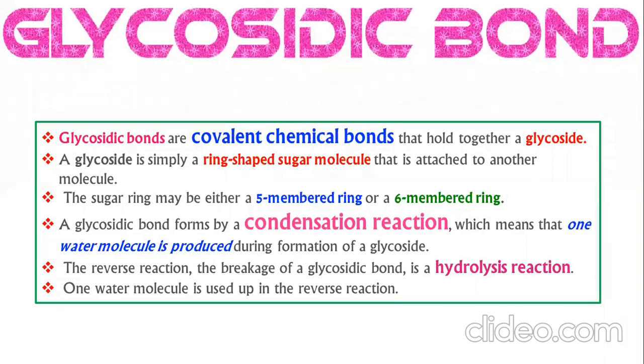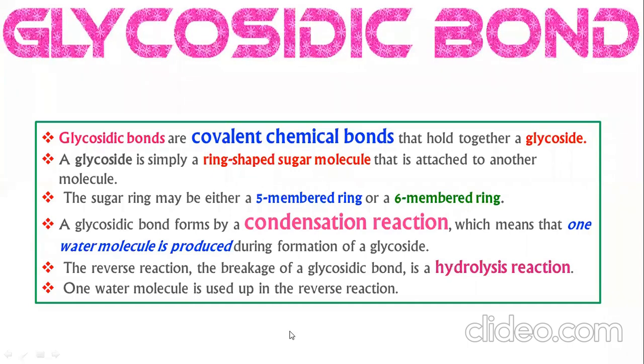So it may be either ribose, 5-member, like pentose, or it may be hexose. Glycosidic bond is formed by a condensation reaction, which means that 1 water molecule is produced during formation of glycosides. So the reverse reaction, the breakdown of glycosidic linkage, how will you do the reverse? You will hydrolyze that, you will add water to that.